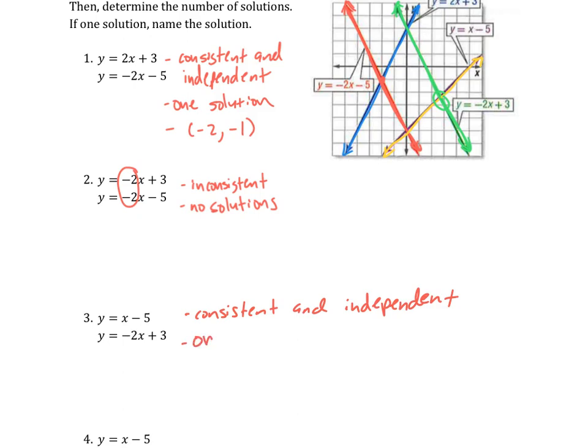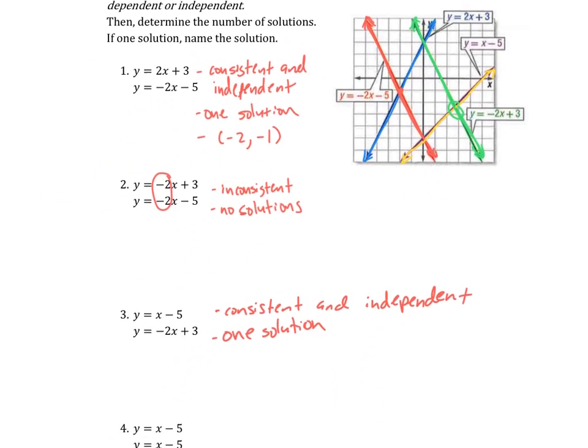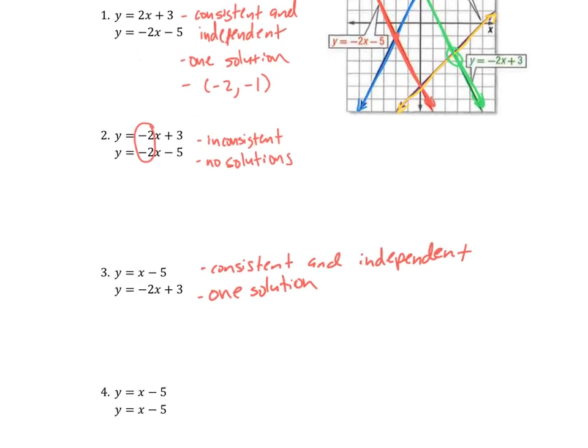There's going to be one solution. And actually those lines intersect kind of in the middle of the grid lines. So I'm not going to name that solution. Typically, if you're graphing, your solutions will be where the lines cross at grid lines. Okay, so you don't have to worry about those.